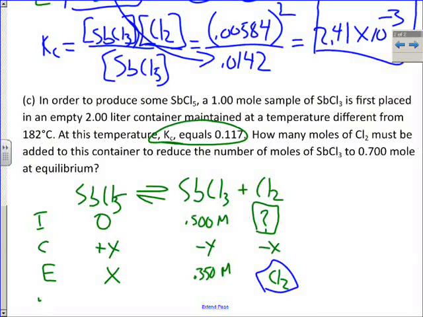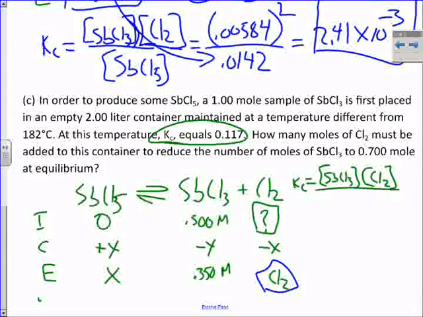The Kc expression, which would be the Kc is going to equal the concentration of SbCl3 times the concentration of Cl2, all over the concentration of SbCl5. And we know that this actually equals 0.117.